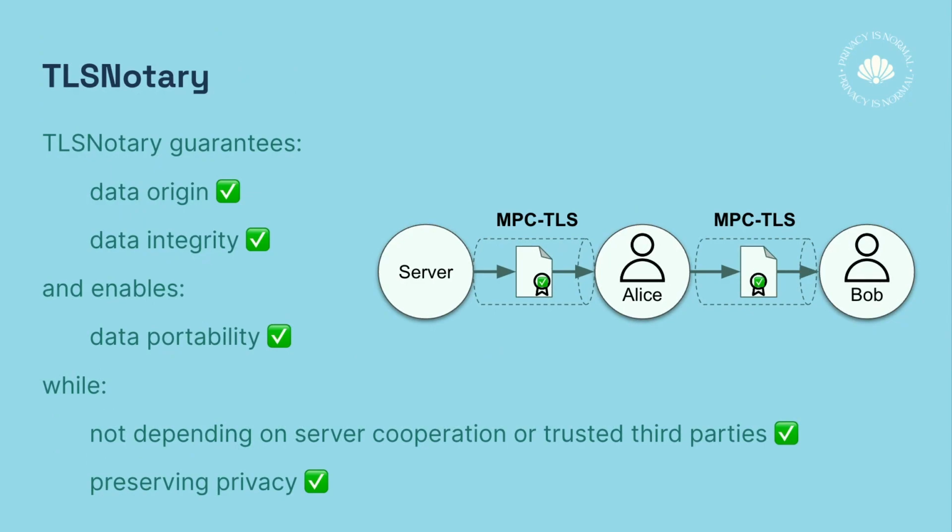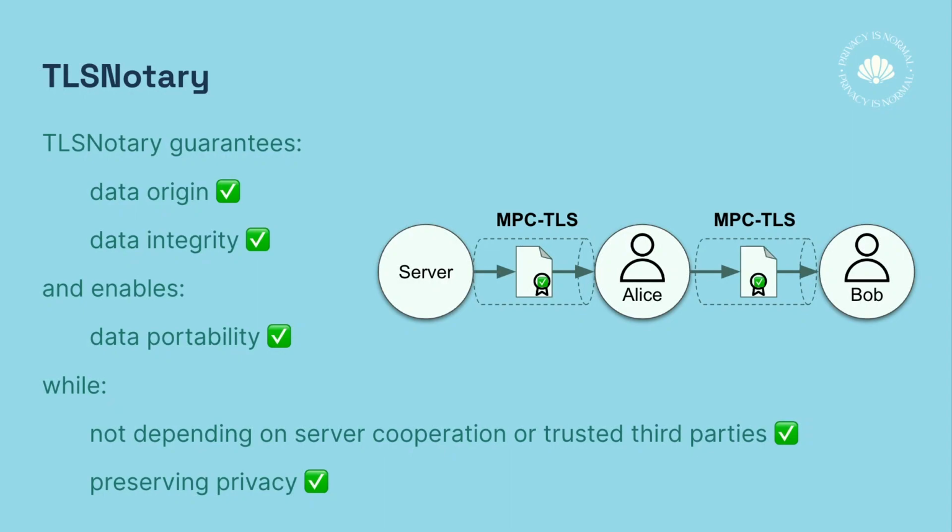With TLSNotary, you do the TLS connection with multiple parties. And so it has the same guarantees as TLS itself. You also get proof that the data is authentic, but it also allows Bob to have guarantees about that authenticity. In a nutshell, that makes the data that was on the server portable.